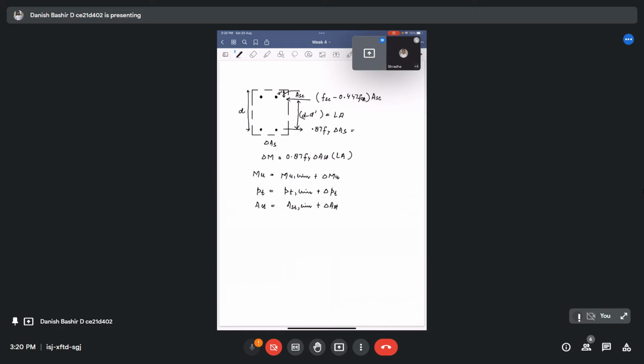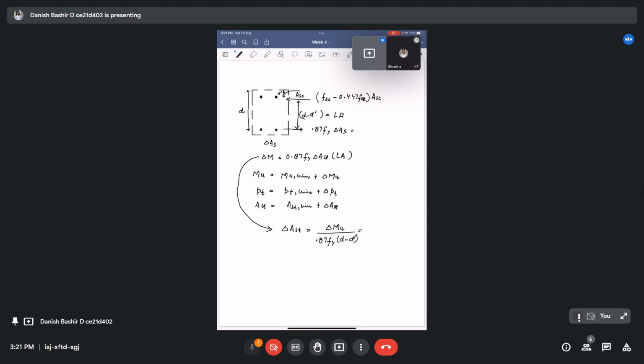Now from this, delta Mu, if I take this equation first, delta Mu is equal to 0.87 Fy delta AST into lever arm. I can write delta AST from this like this, delta Mu divided by 0.87 Fy into lever arm. I can write lever arm directly as D minus D dash here.